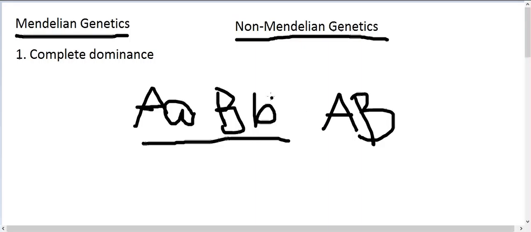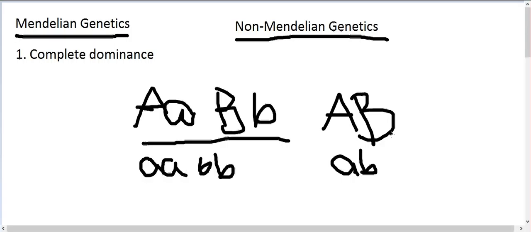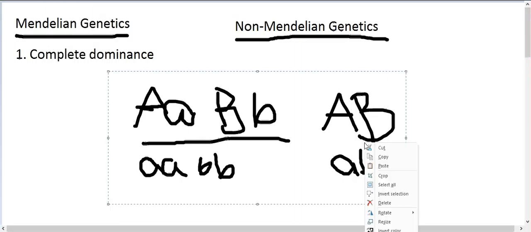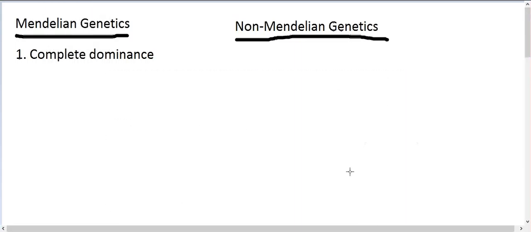The small a and the small b are recessive, and the only time that you would actually get an individual with the recessive phenotype is when the genotype is small a, small a, and small b, small b. Okay, so that's what that is. So you get complete dominance, and you get certain ratios. I'll get to that in a minute.